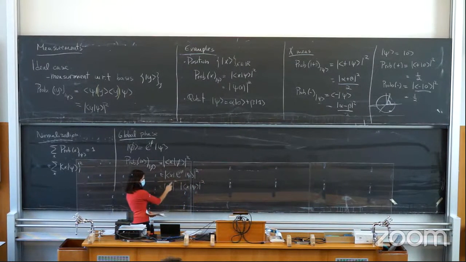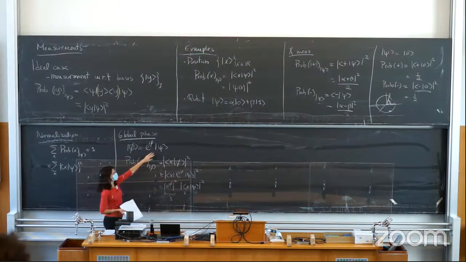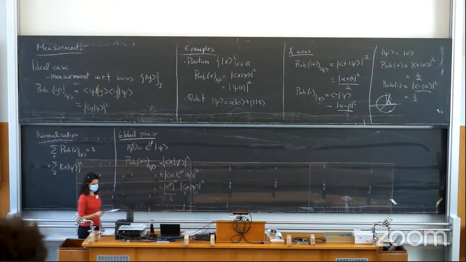This is e to the i phi times e to the minus i phi, which is e to the 0 overall. So that whole thing is just one. Then you're back with the probability of getting x if your initial state was psi.